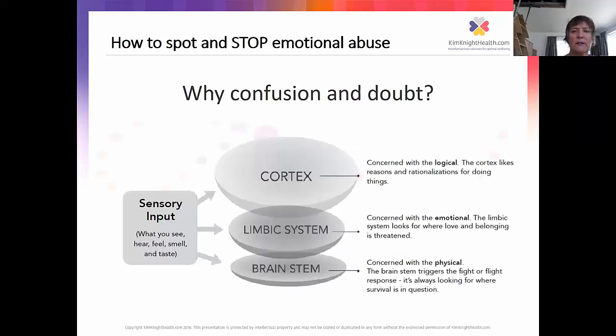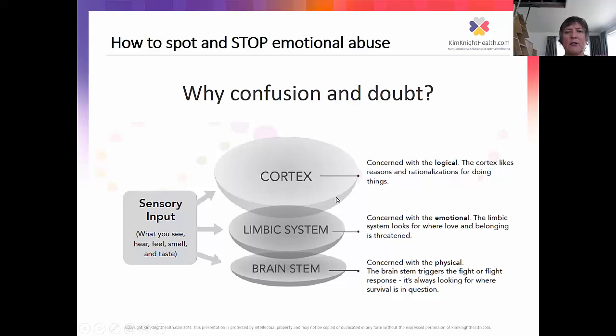So if we look at these three brains, and these are reflected in different parts of our head brain, we have the neocortex, which is concerned with logical thinking and reasoning and rationalizing and coming up with solutions and creative thinking and trying to make meaning of things.